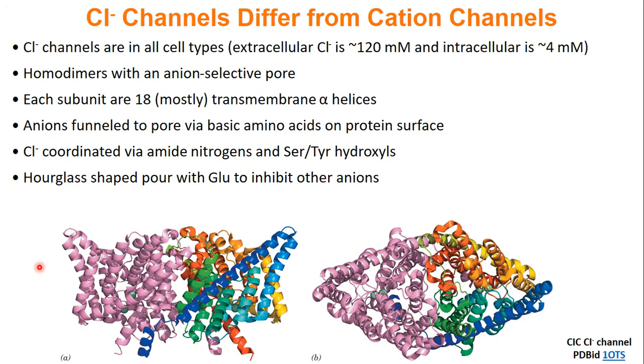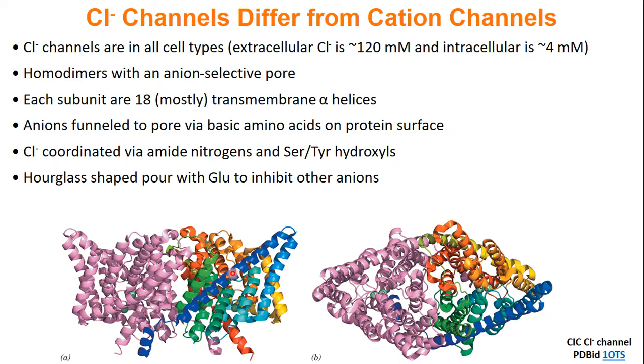Now, if you look at a negative ion channel, that is something that transports an anion, such as chlorine channels, we find these in all cell types. The extracellular chlorine is high, intracellular is low, so you don't want a lot of chlorine in your intracellular space. And these are homodimers, so it's a protein made out of two smaller proteins that are the same. And you again have a selectivity pore, that's an anion pore here.